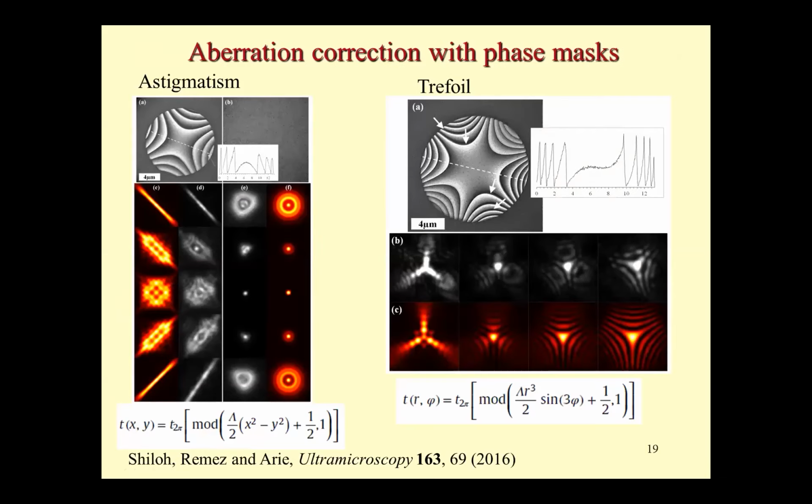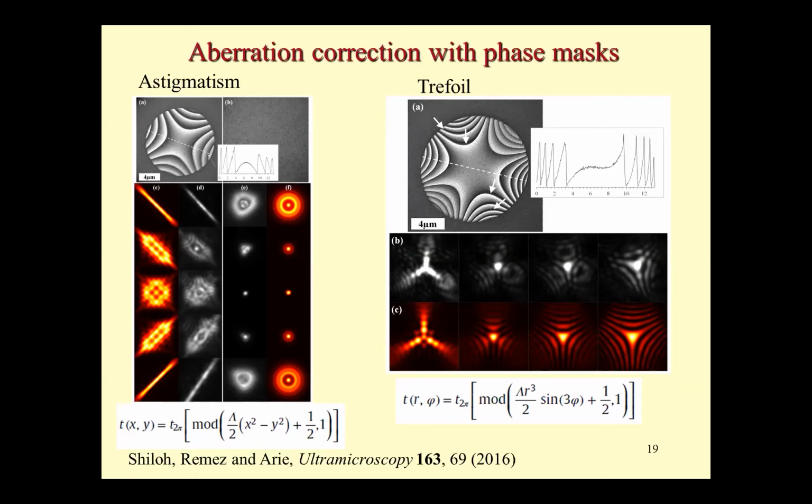So before going to spherical aberration, we just wanted to see that we can do other kinds of aberrations. These are two examples of aberrations that we can use. What we do here, we show that we can add aberration. Of course, if we can add aberration, it means that we can correct aberration, because if we just add the aberrations that the lens has, but with the opposite sign, then we cancel it.